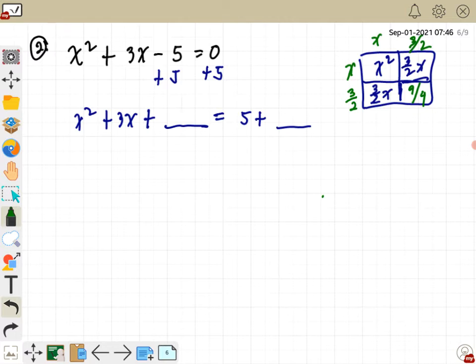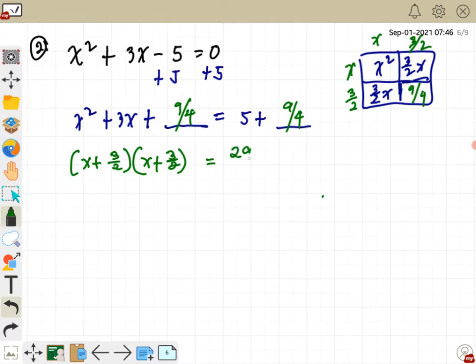This gives us our 9 over 4. So if we're going to factor this one, we'll just go back to our frame there. So that is x plus 3 over 2, x plus 3 over 2, and this one is 29 over 4.